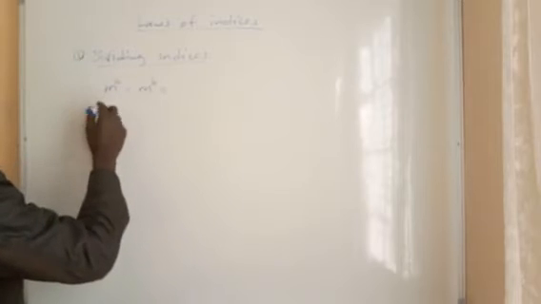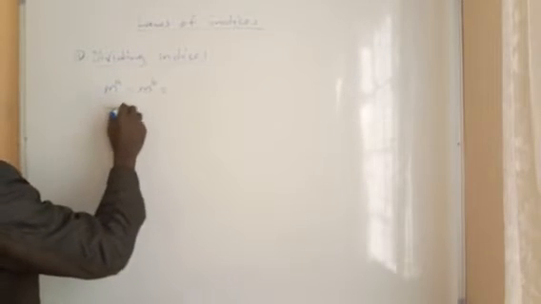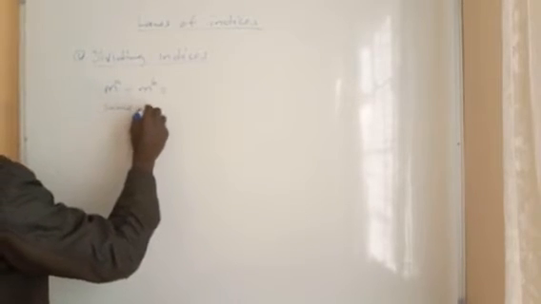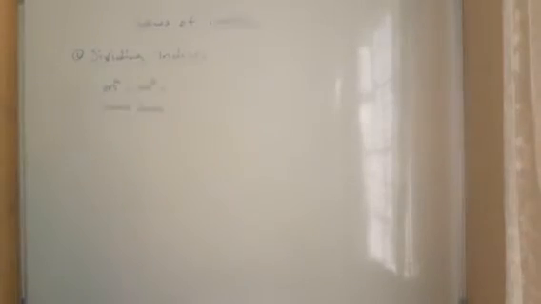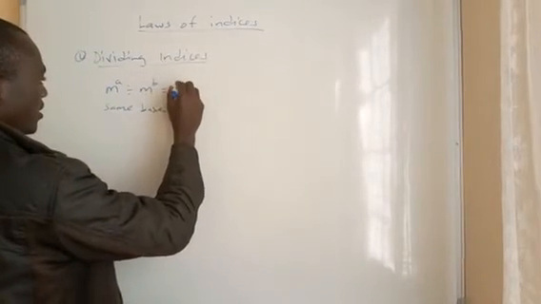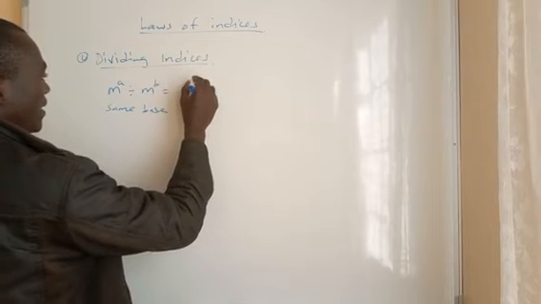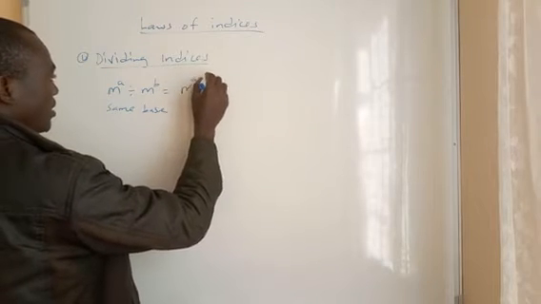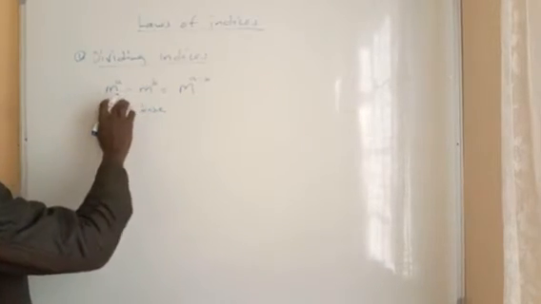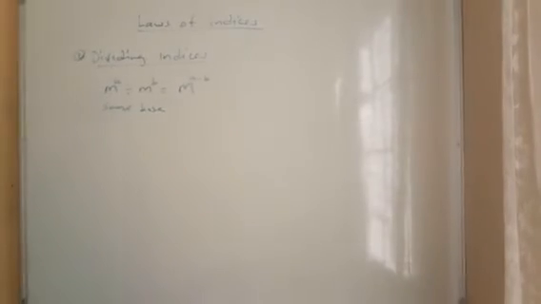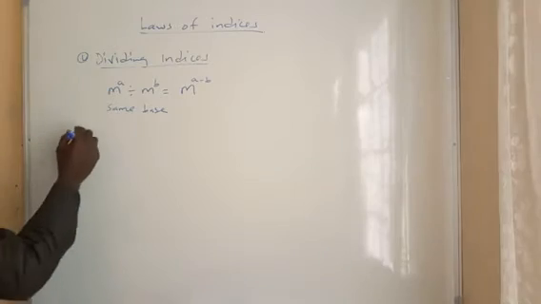The bases are the same. The laws only apply when the bases are the same. My base is m and m, so I will have m, then a minus b. Why minus? Because this is division.